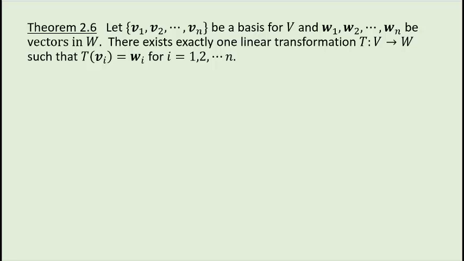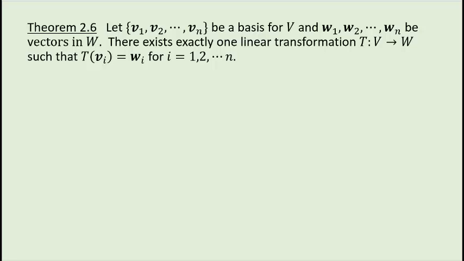Okay, so we have another theorem here to prove, and one corollary, and then we're done with section 2.1. Theorem 2.6. Let v1 through vn be a basis for V, and let w1 through wn be any vectors in W. They don't even have to be distinct, just any n vectors.